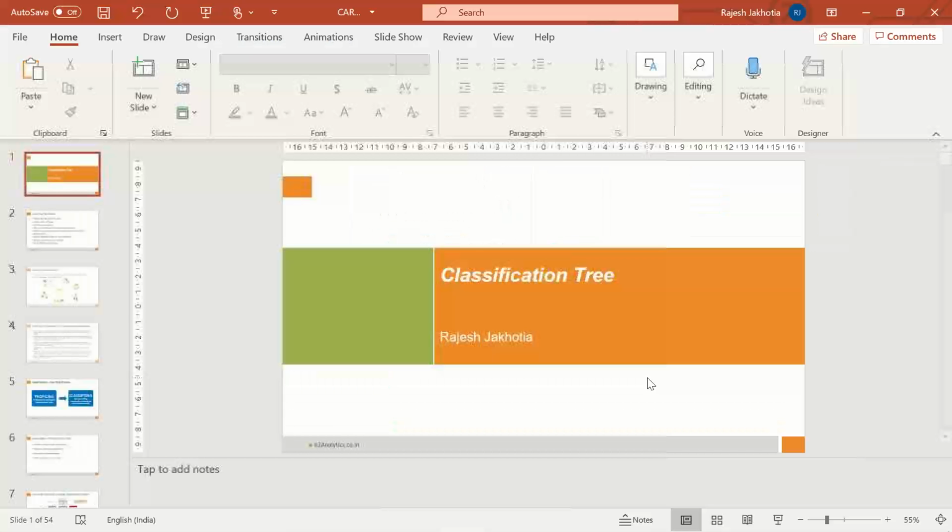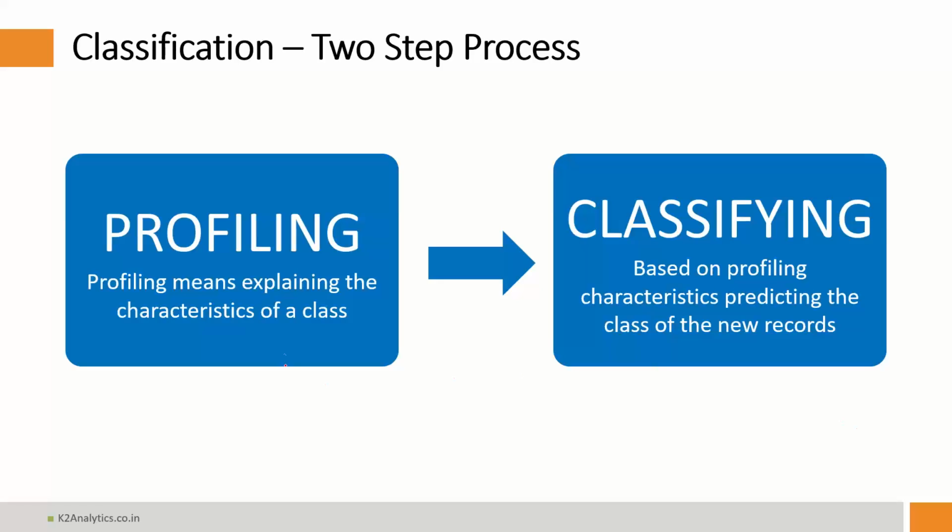Once I know the profiling characteristics, on other data sets which are available for campaigning, or the newer data set which comes into my system as each day passes, on that data I can apply the profiling characteristics and predict the class of that record.